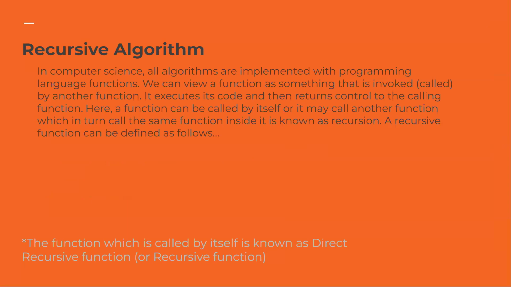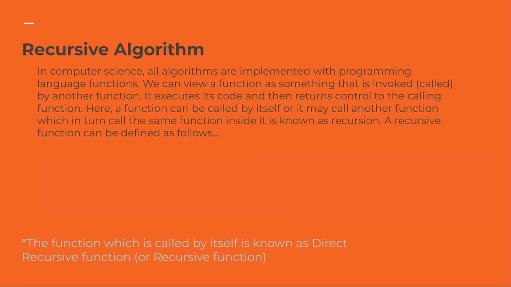And a little bit about recursive algorithms. In computer science, all algorithms are implemented with programming language functions. We can view a function as something that is invoked, or called, by another function. It executes its code and then returns control to the calling function.